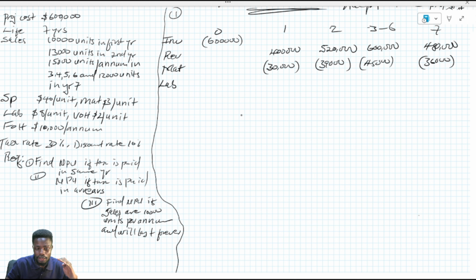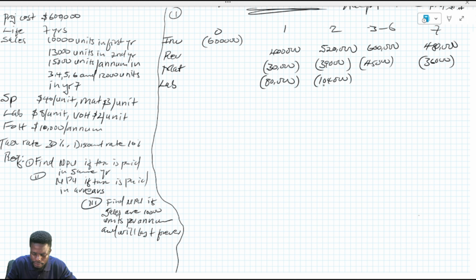So you check how many units you have in year one, two, three to six, and also in year seven. You multiply each one that way. So year one, for your labor, you have $80,000. Year two, you have $104,000.